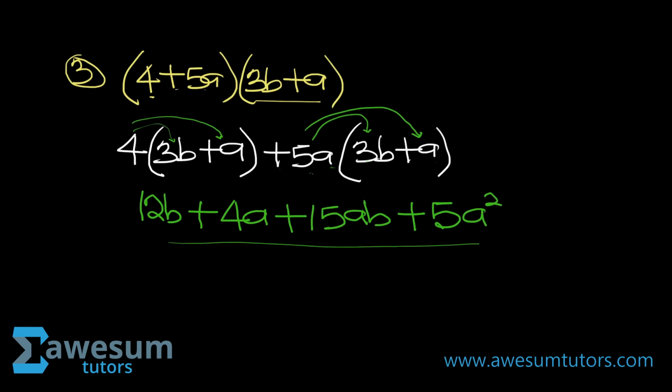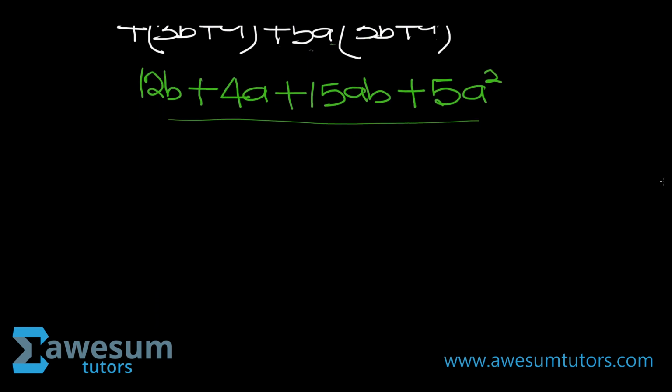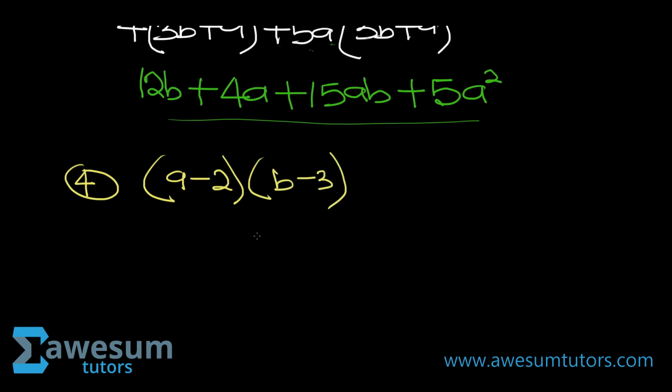Okay, let us look at the fourth example, in which case we are going to be having a negative sign right here. Let's take a look at how to do that. Number 4: a minus 2 bracket b minus 3. Using the same concept, this a is going to multiply b minus 3.